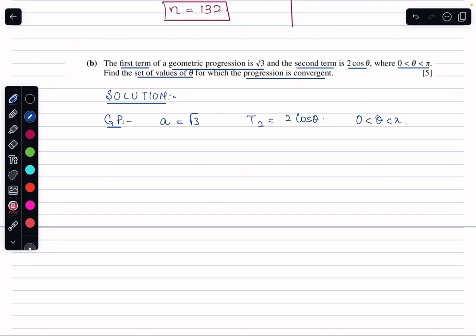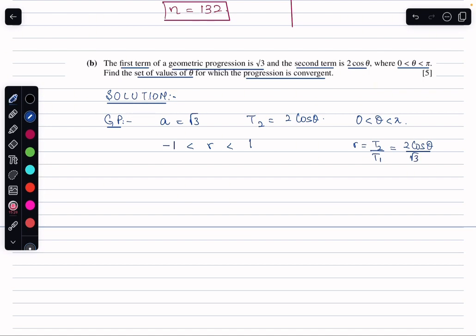If the progression is convergent, then I should know that my common ratio needs to be between negative 1 and 1. The common ratio, we know, is T2 by T1, and here it shall be 2 cos theta divided by under root 3.